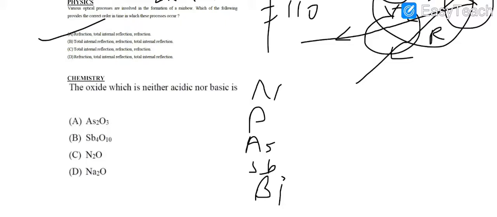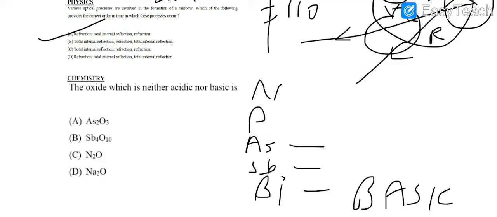Now there is a rule that the acidic nature of the oxide decreases down the group. So bismuth oxide will be purely basic. Now arsenic and antimony oxide, they both are amphoteric.